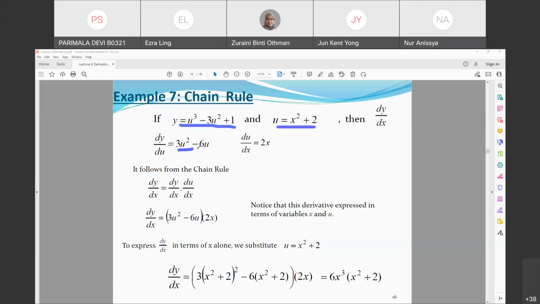So, kita dapat 3U kuasa 2 tolak 6U. And this is U, X kuasa 2 tambah 2. Okay, kat sini kita akan dapat 2X. Ni ialah du over dx, bezakan dia terhadap X. And in this chain rule, kita tahu kita kena guna dy over du, sebab ni times du over dx.